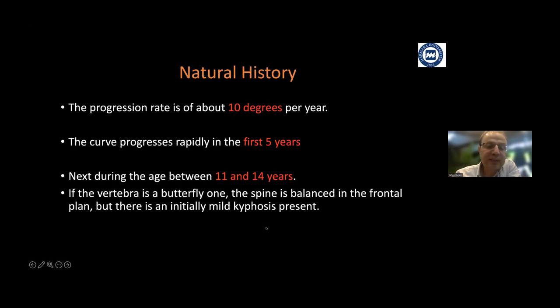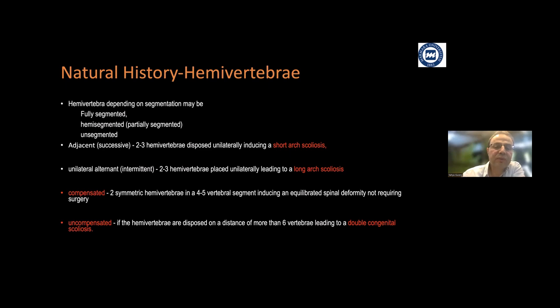If the vertebra is a butterfly vertebra, the spine is balanced in the frontal plane, but there is initially mild kyphosis present, and we should know this in butterfly vertebra. And again, we should know fully segmented, hemisegmented, and unsegmented vertebra have different progressions. There are some examples. For example, adjacent successive two or three hemivertebrae disposed unilaterally inducing short arc scoliosis.